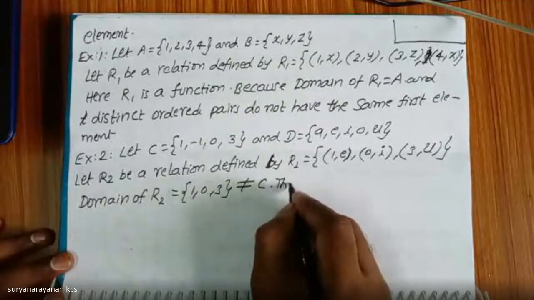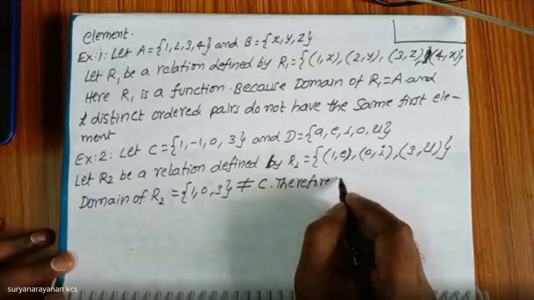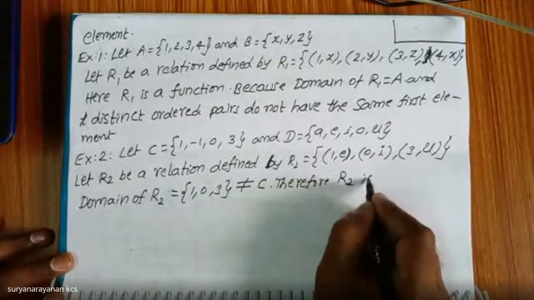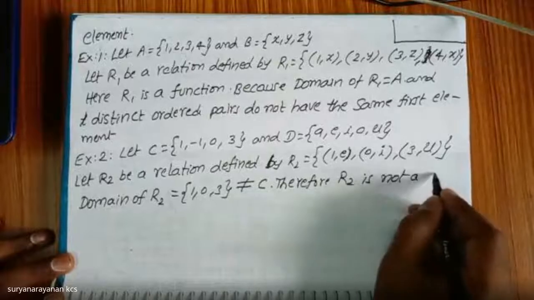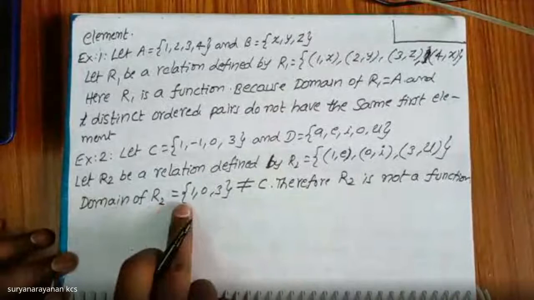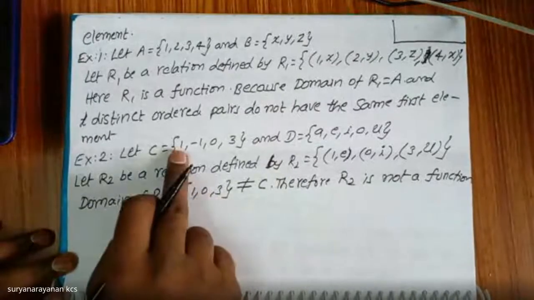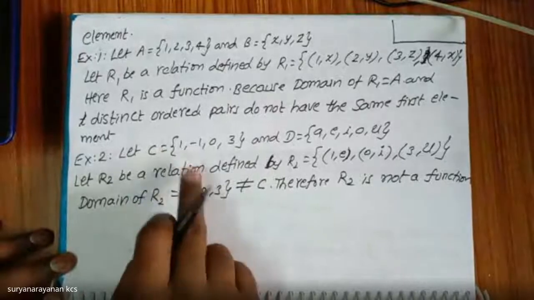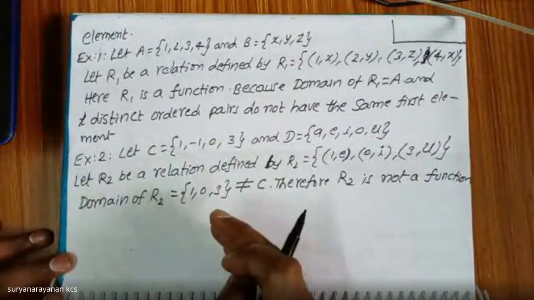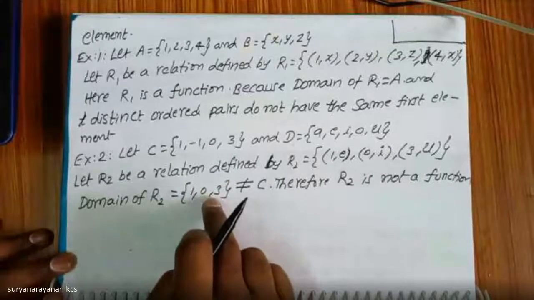Therefore, we have to find the domain of the relation. The domain of the relation should be equal to the first set. Then we go to the second condition.